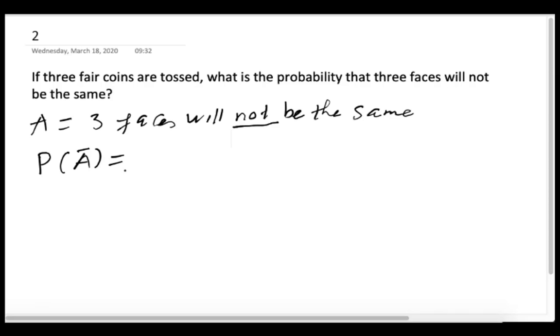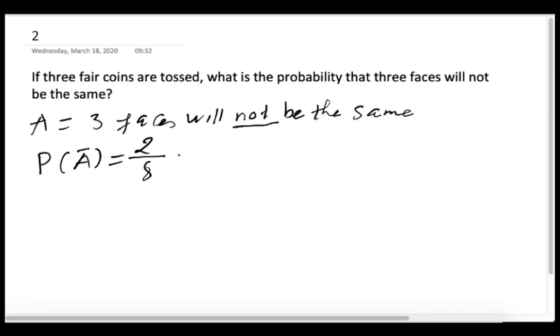A bar is the event that 3 faces are the same, and if they are the same, then you may get head head head or tail tail tail. So there are two possible outcomes. You get 2 divided by 8, because if you don't care about the faces, then when you flip 3 coins, the number of possible outcomes should be 2 times 2 times 2, which is 8.